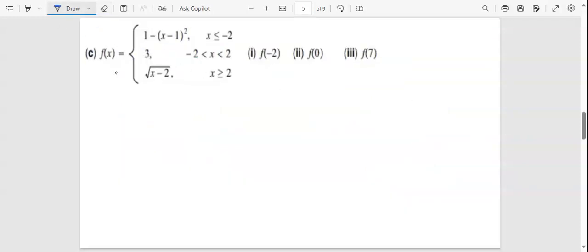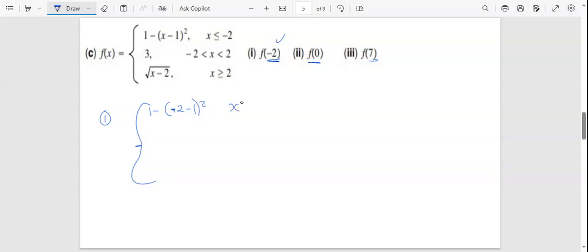So this one, they are saying we just compute the same thing. What we do is go and replace the value wherever there's x in that function. For the first one, we substitute there. So we have negative x minus 1 in brackets, squared. In the case of x, I'll just put negative 2 there, then minus 1, then squared like that.